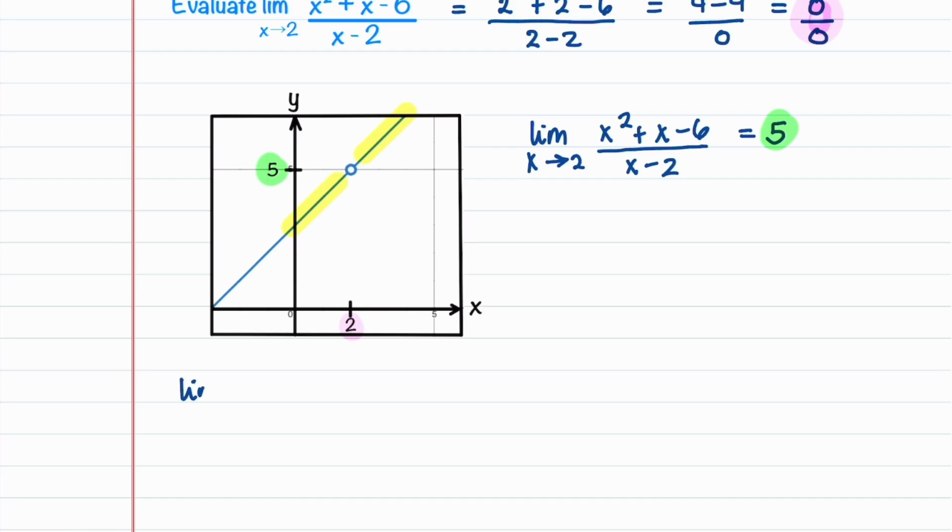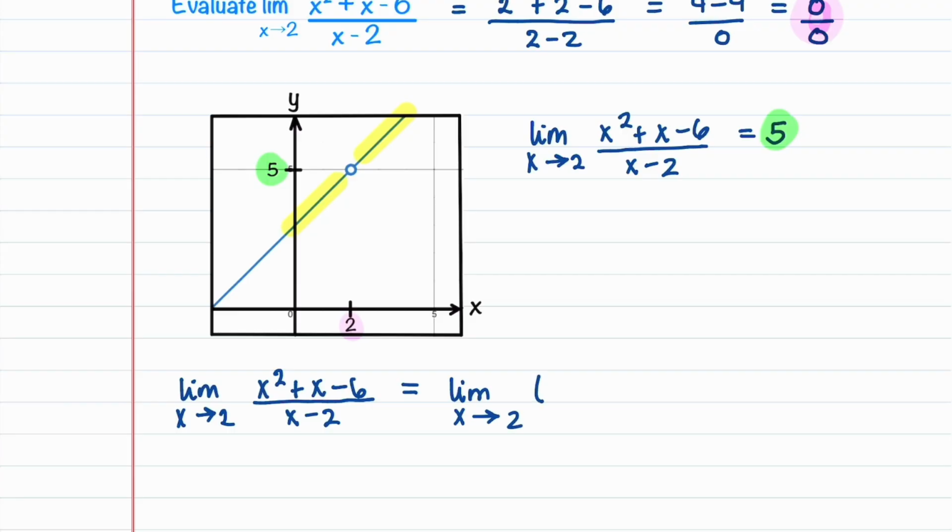We have the limit as x goes to 2 of x squared plus x minus 6, all divided by x minus 2. Notice that our numerator is a quadratic, and we can factor that. So we're going to write this as the limit as x goes to 2.